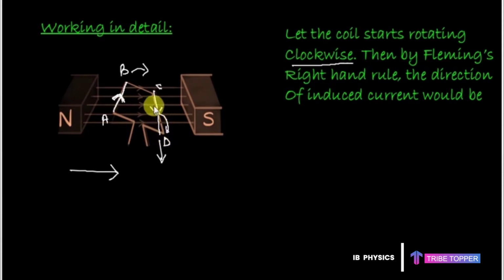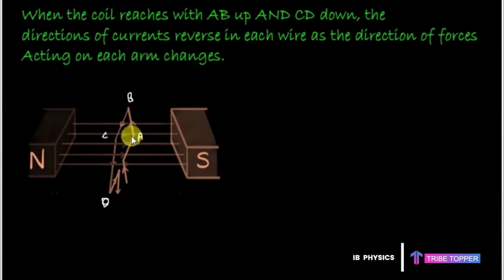But the moment our coil rotates by 90 degrees and reaches the vertical position like this, we see that now the arm AB has moved up, and because it has to go down to complete the rotation, the force will be acting in the downward direction, and now the current will become towards this direction.